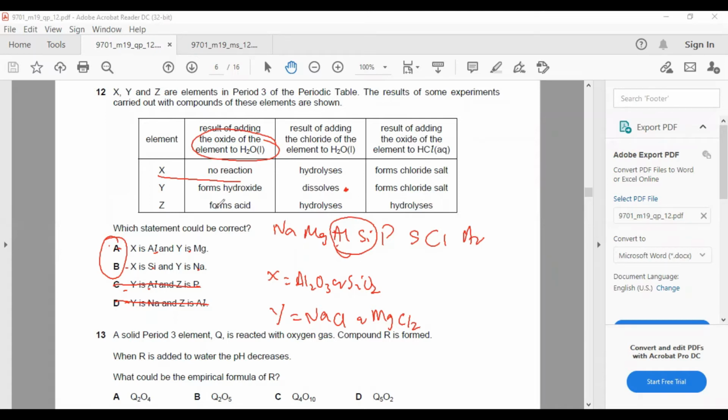Z oxide is acidic, means Z is either sulfur dioxide or phosphorus oxide. Chloride of sulfur is not in the syllabus, and phosphorus chloride hydrolysis, yes, it does hydrolyze.